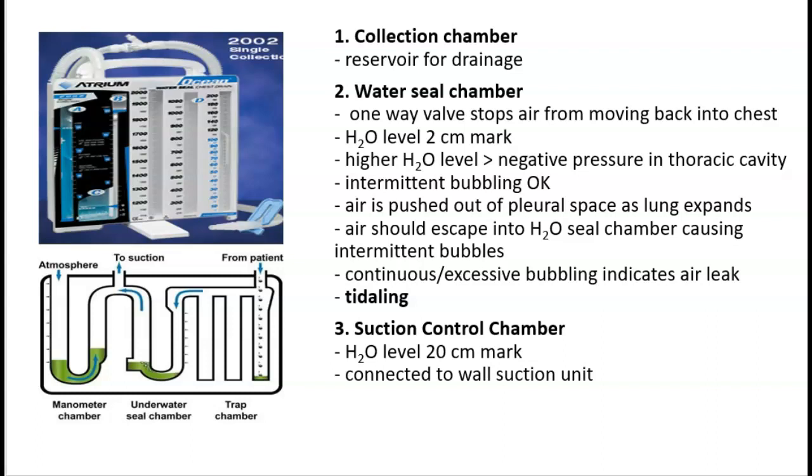A lot of times nurses are sort of quizzed on what's going on, and taking care of the patient depends on you knowing what's normal and abnormal. So the collection chamber is to the far right, sometimes called a trap chamber, and that's basically coming from the patient.